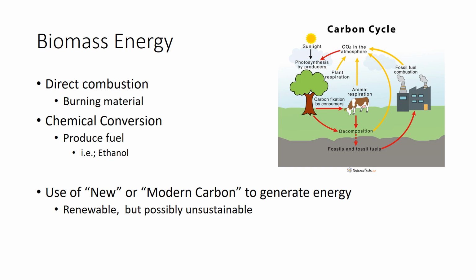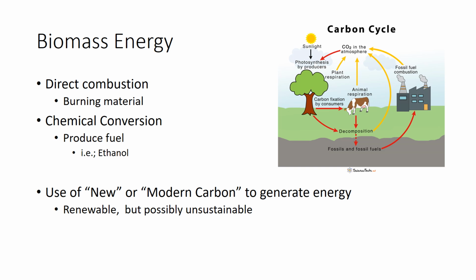So it is carbon that was taken out of the atmosphere through photosynthesis and put into biological material, whether directly through photosynthesis or then consumed and assimilated through consumption, right? That's modern carbon.